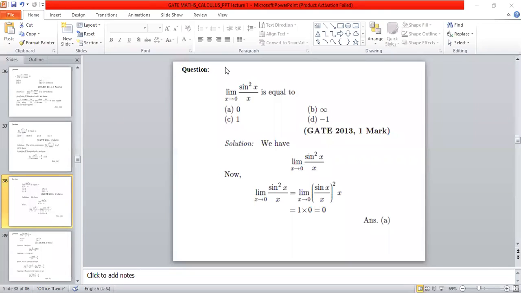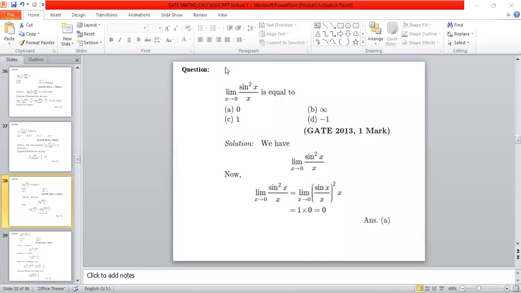While doing this, the numerator has no problem, it has sine square only, but the denominator will have x square. We need x only in the denominator, so we have to multiply by x, so that one x will get cancelled. Right? So applying the limit separately, the limit as x tends to 0 of sine x upon x is 1.